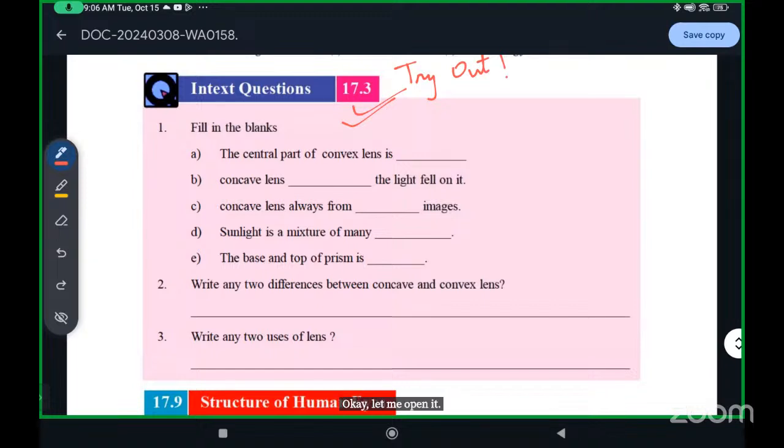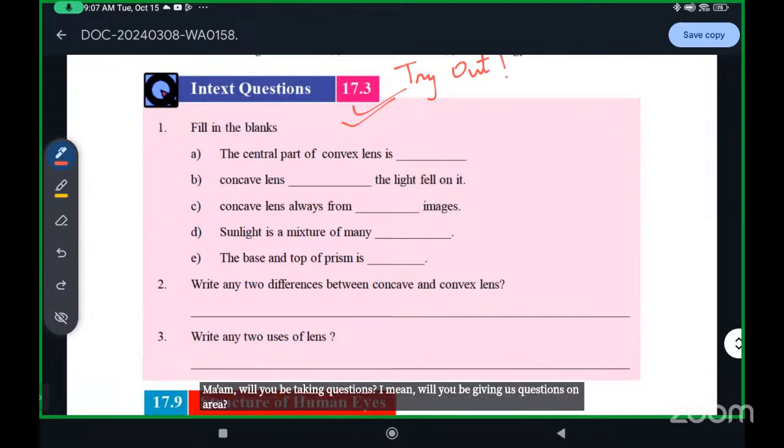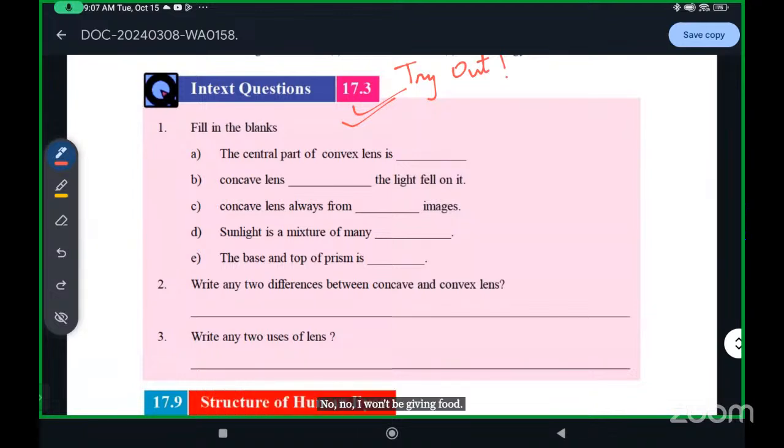One minute. Ma'am, will you be giving us questions on area? No, I won't be giving questions on area. I didn't see any question like that in the quadrilaterals chapter. One second.